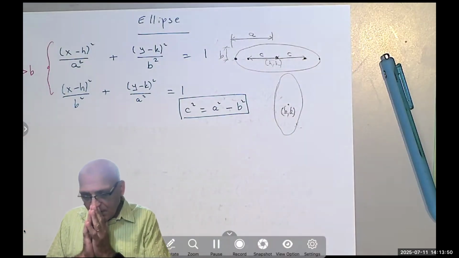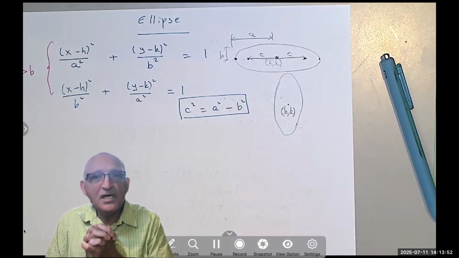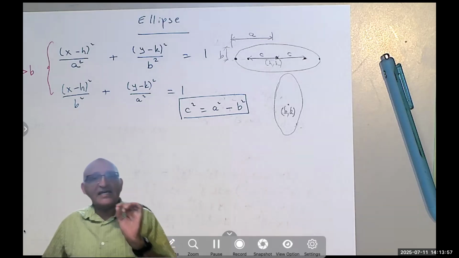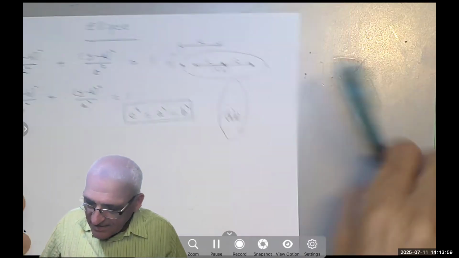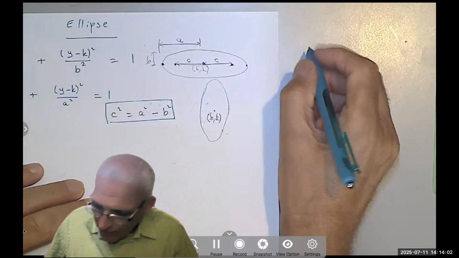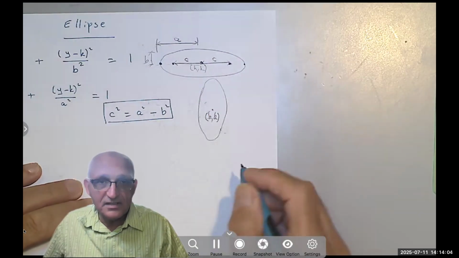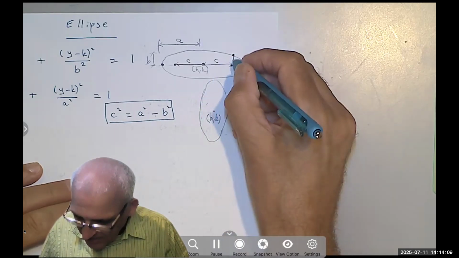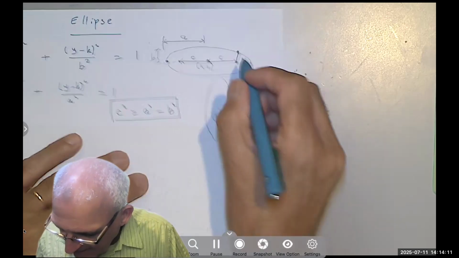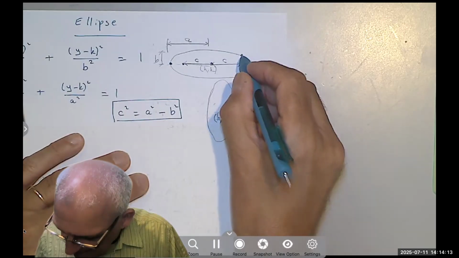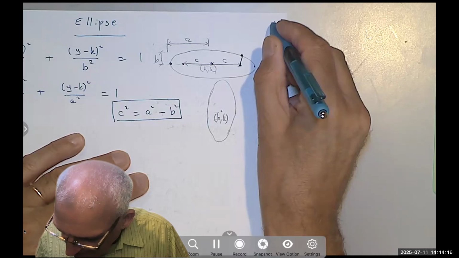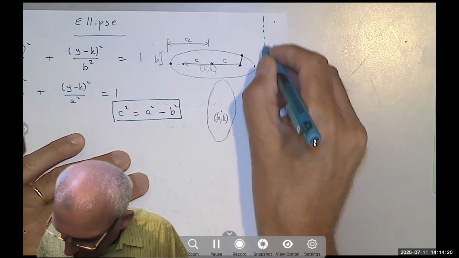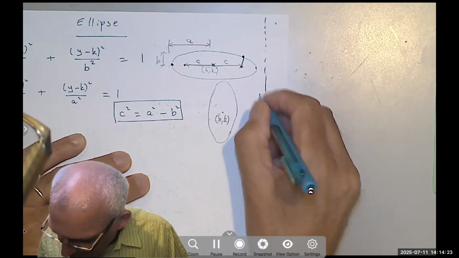But now, how can we calculate the eccentricity? The definition of eccentricity here is the distance from any point on the ellipse to the focus divided by the distance between that same point and another line that we are going to draw here, which is called the directrix.